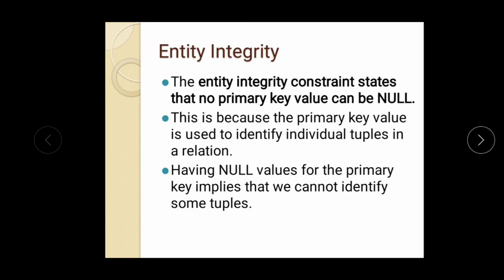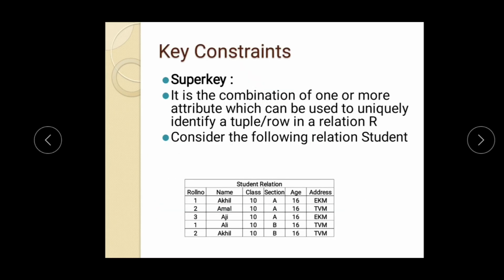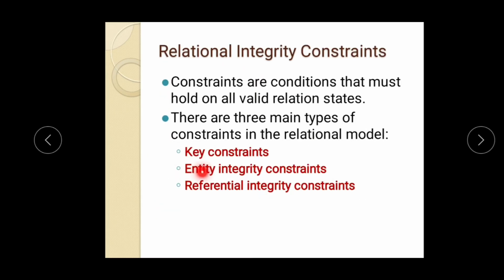Next is entity integrity. The next constraint we are going to discuss is the entity integrity constraint. The key constraint we have already completed, in which we discussed super key, candidate key and primary key.